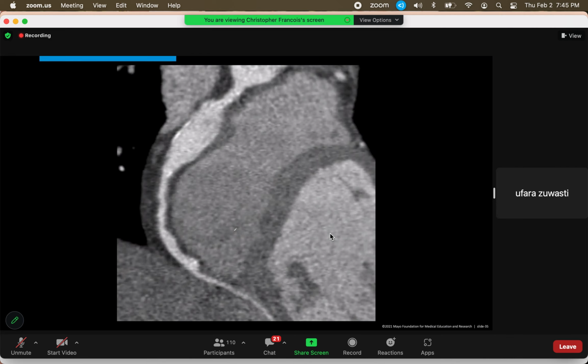We have multifocal segments of dilatation, especially in the proximal one, and probably I don't know if that's like a thin line of calcification, but it's not as extensive as, probably like the degree of dilatation is more than the calcification. Yeah, exactly. So what do you think this patient has?